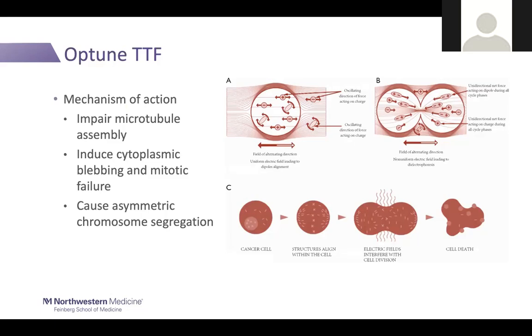If that doesn't happen because the scaffolding is not assembled appropriately, if there's uneven splitting of the chromosomes, this tends to lead to cell death, including tumor cell death. So this is why this treatment works in multiple ways to help promote that.